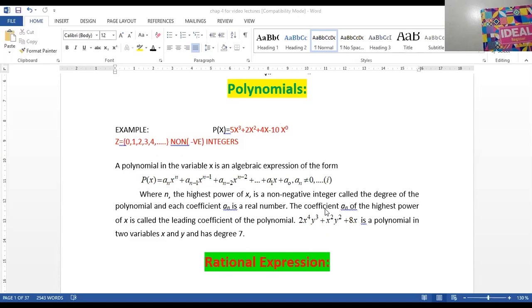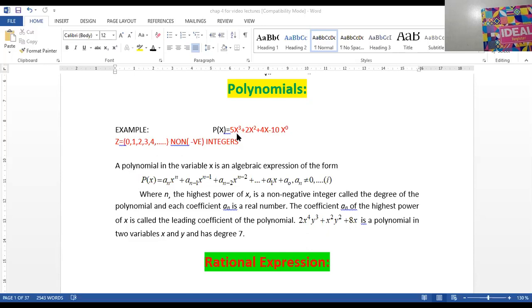Now what about the coefficients? These a(n) minus 1 and so on, all these a's, like you can see that I have written 5, 2, 4, minus 10. These are the different constants, and these are also called the coefficients. We are not concerned with these numbers. These numbers can be any real number.